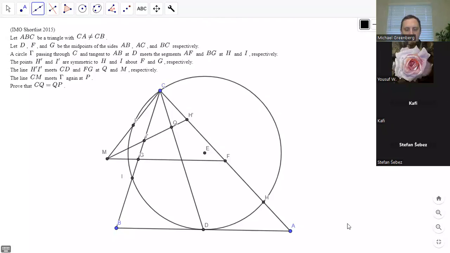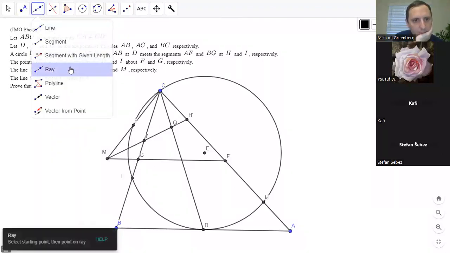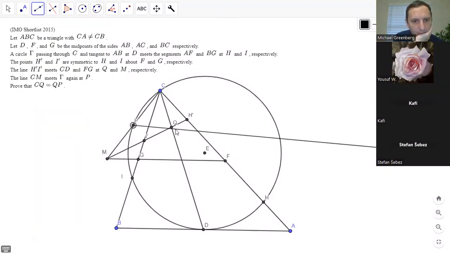Okay. But yeah, this looks like a good problem. So basically, I wonder if it's worth drawing this.